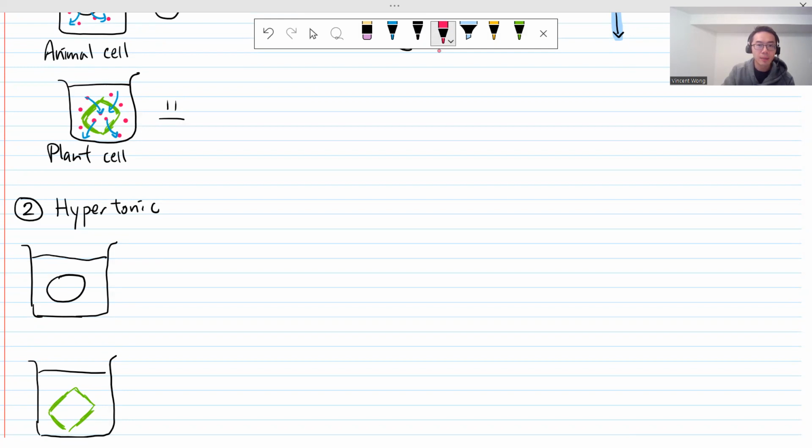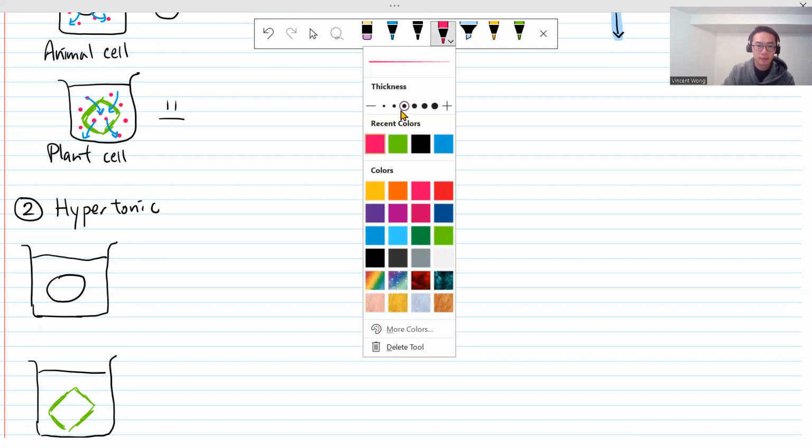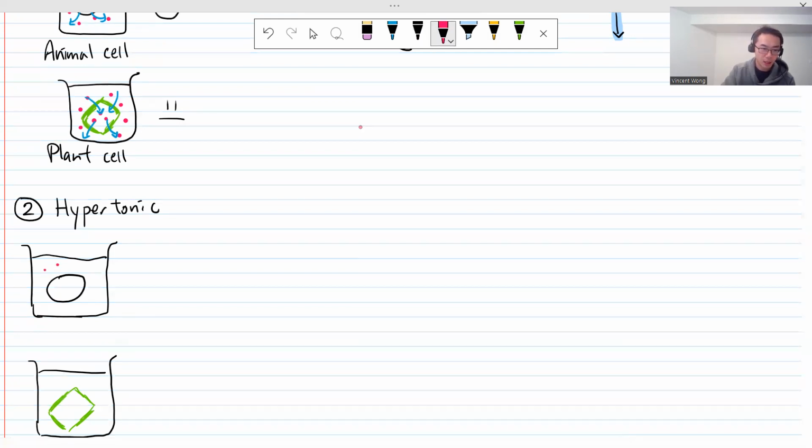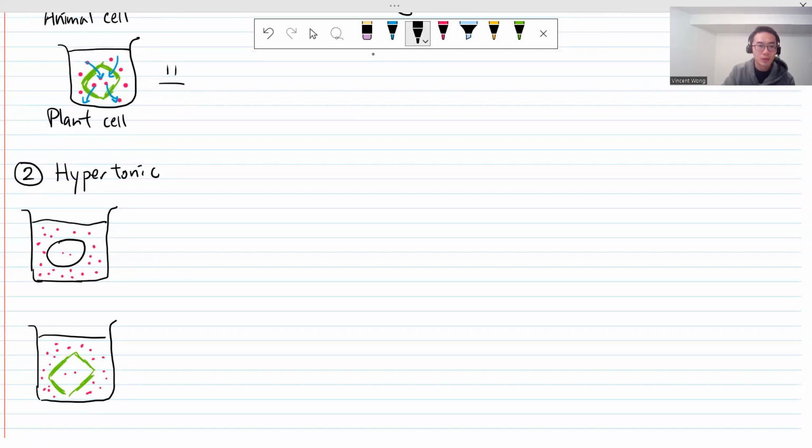And in the case of hypertonic, you're gonna have a lot more solute. It's highly concentrated on the outside, but not really on the inside. I hope you're using color, okay? If you're doing this in black and white, it's super difficult to distinguish what's going on.